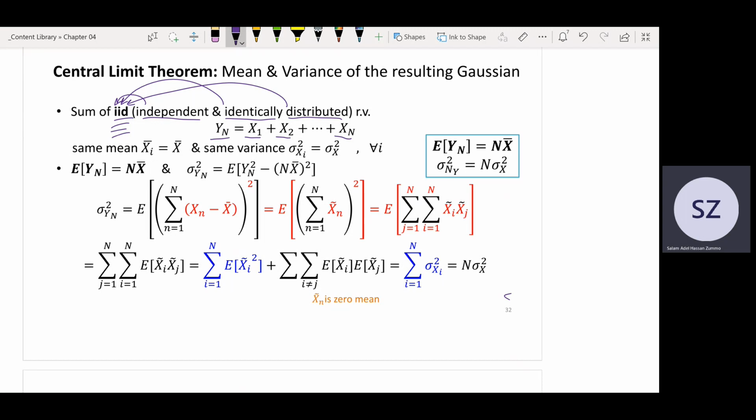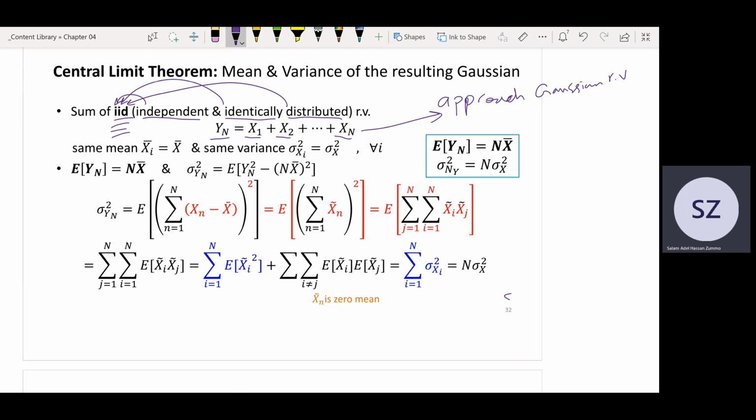Now, we said that yn will approach Gaussian. If it approaches a Gaussian random variable, how do we describe a Gaussian random variable? We need the mean and the variance. If I know the variance and the mean, I know everything about a Gaussian.